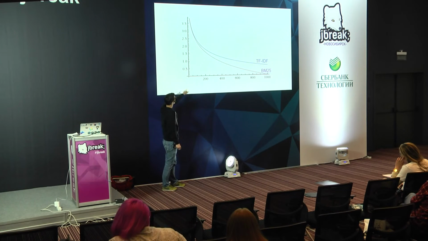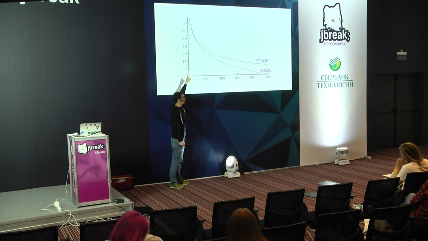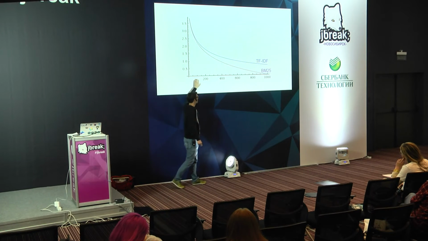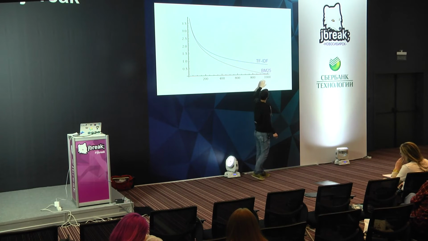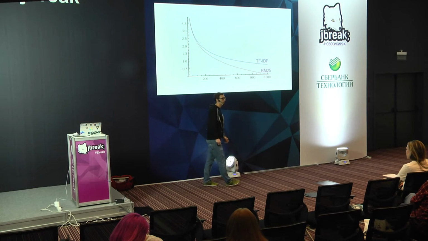If it just appears a single time, it is very important. If it appears hundreds of times, it gets less and less important. For example, with BM25, if a term appears more than 1,000 times, it's basically irrelevant. You just don't care for it anymore because it's so common and you would have so many matches.